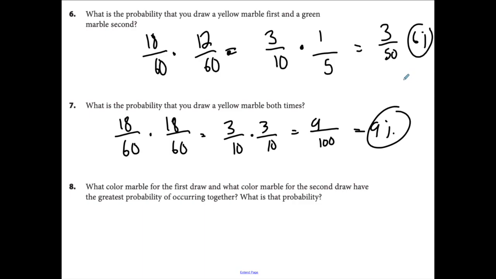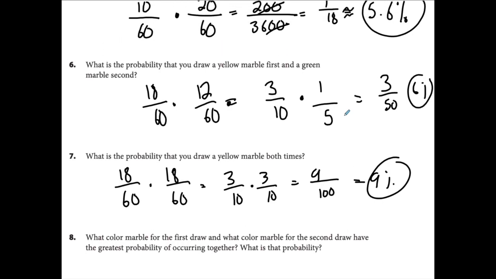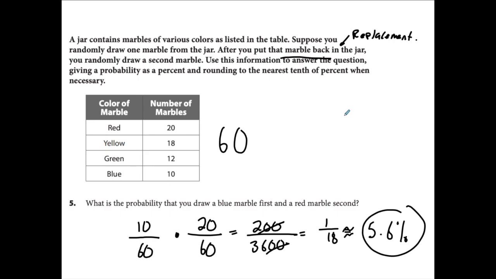Okay? What color marble for the first draw and what color marble for the second draw have the greatest probability of occurring together? This is a challenging one.